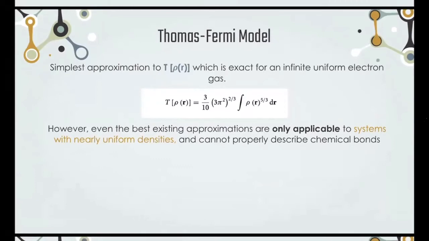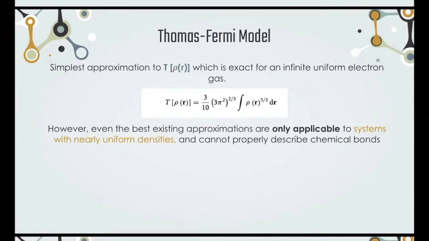So the Thomas-Fermi model, which I previously mentioned, is the theory Thomas and Fermi proposed for electron density. This model says that the simplest approximation for the kinetic energy of the electrons is exact for an infinite uniform electron gas, which later will come out as UEG.